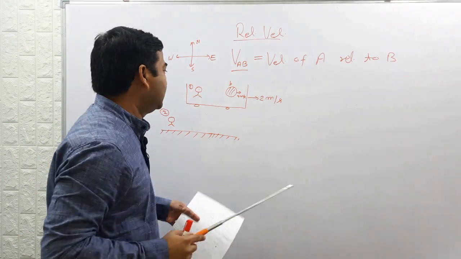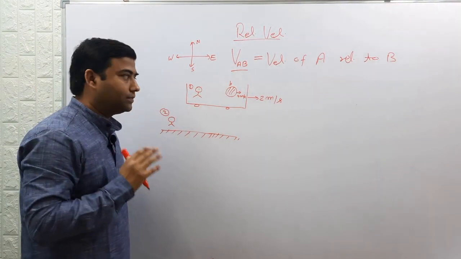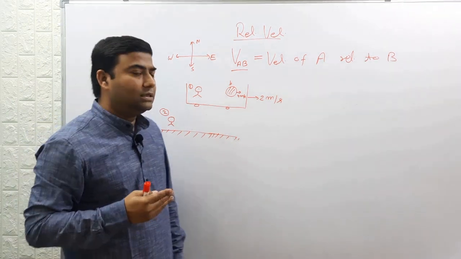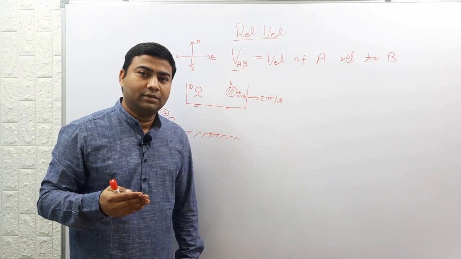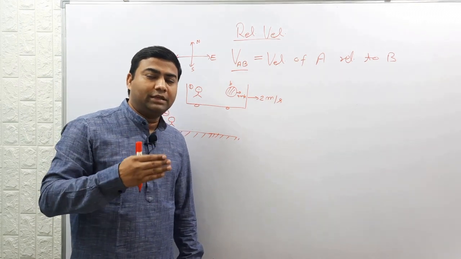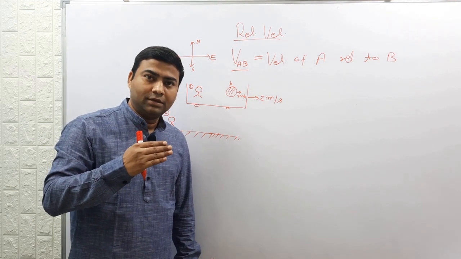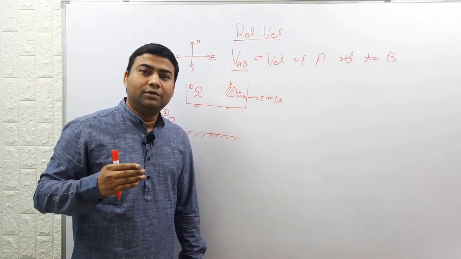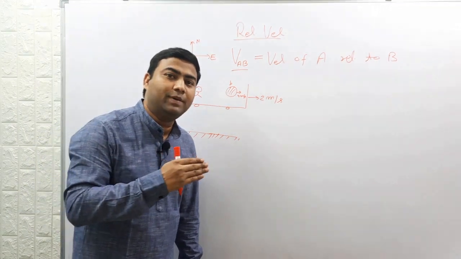We will represent all these velocities in standard terms. Relative velocity is defined by an observer. The relative velocity of object A relative to an observer is nothing but the velocity of object A as observed by the observer.